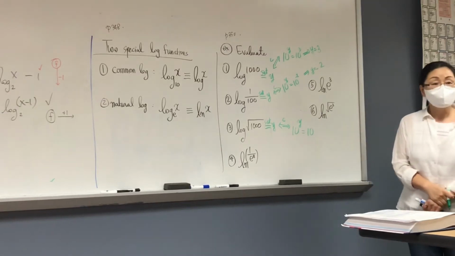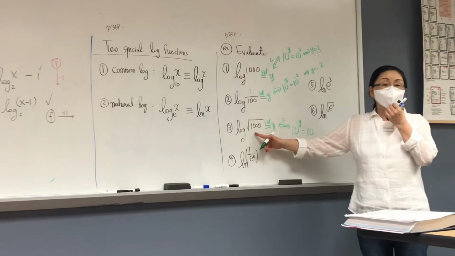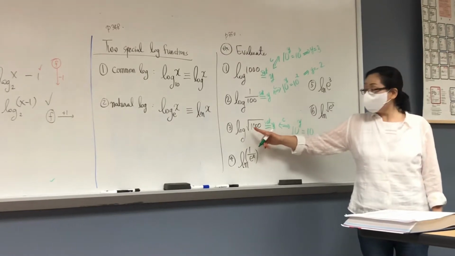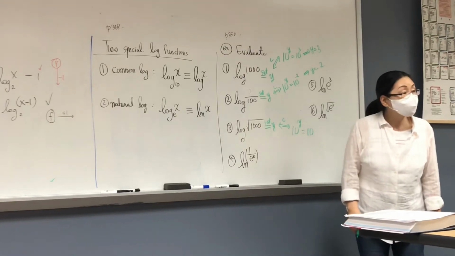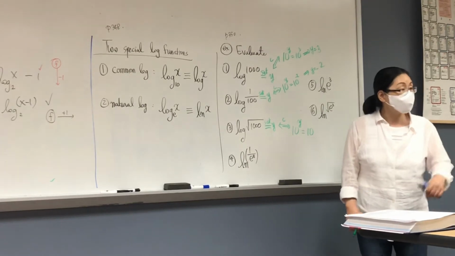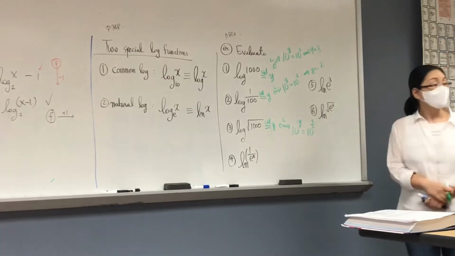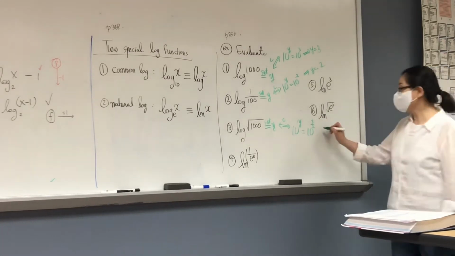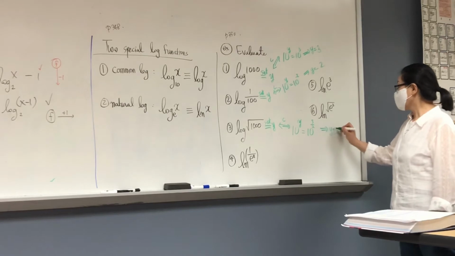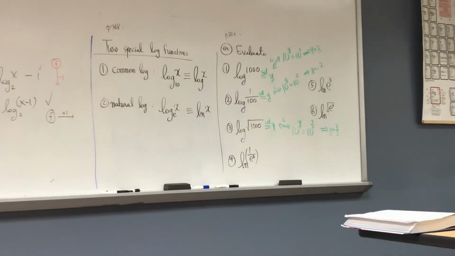Be careful. 1000 is 10 to the power 3, and the root means over 2. Very good. Fraction form, right? So 3 over 2. So what is y? 3/2. Do you understand?